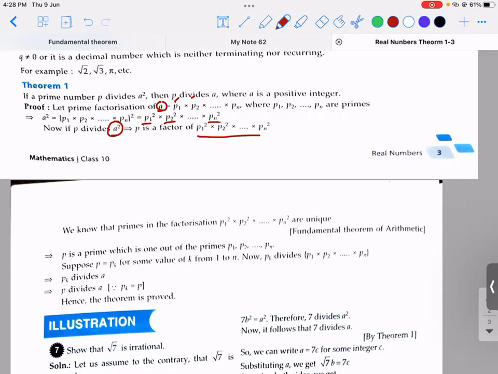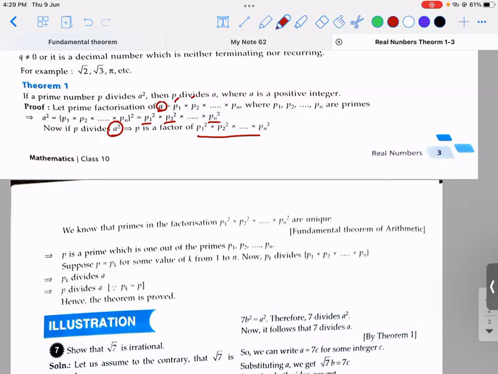If a prime number p divides a square, then p divides a.